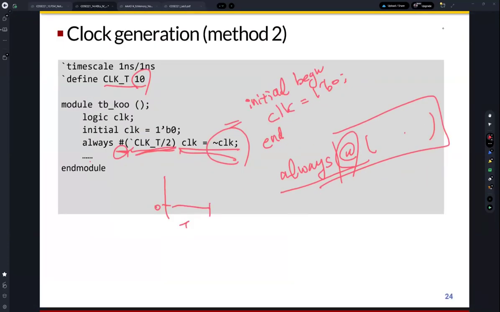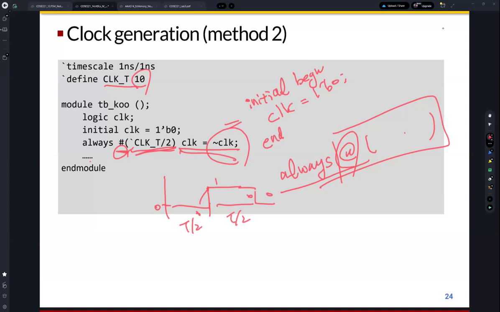After T divided by 2, it's inverted. So 0 is changing to 1. And then also after T divided by 2, it's inverted again. So we can generate the clock signal. As I mentioned, when we generate the clock signal, we need to define the clock period, right?